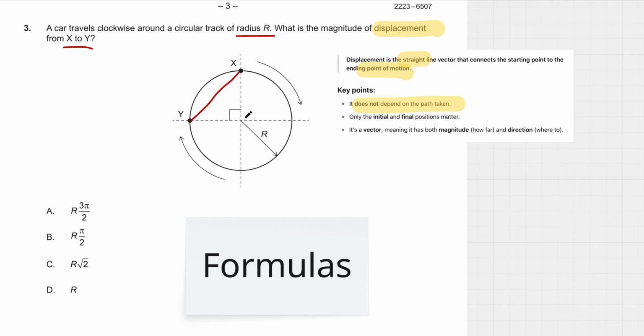So what do we notice here? We have the radius here and the radius here. Let's say our displacement will be s. Okay, so this is the displacement. We notice here we have a right angle. It means we can use the Pythagorean theorem.